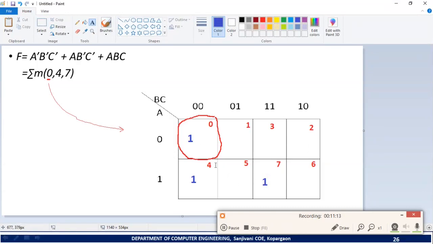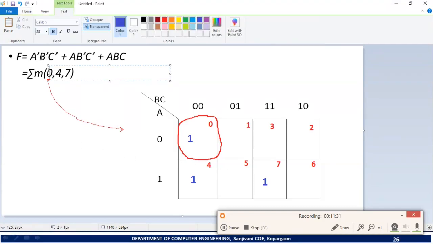So in this K-map we have 8 cells. Out of those 8 cells we have filled data in 3 cells. What about the remaining 5 cells? The remaining 5 cells will correspond to maxterms, right? In this function we have only 3 minterms, that is 0, 4, 7, and we know that using 3 variables, 2 raised to 3, 8 combinations are possible.